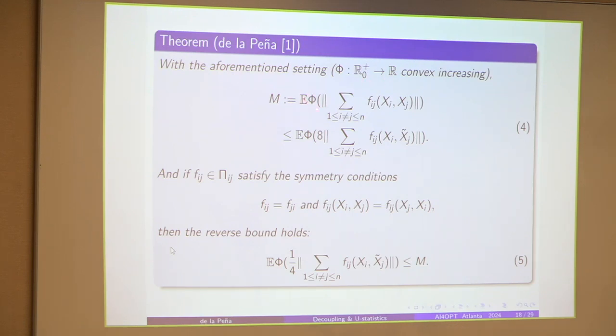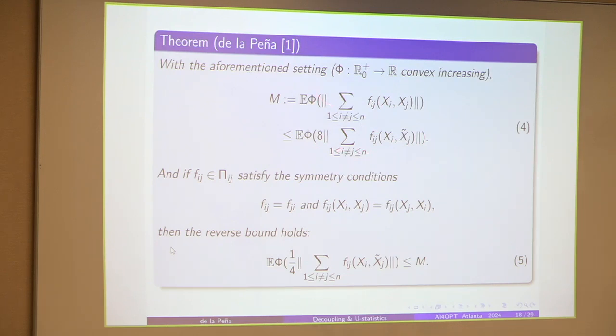So the expected value of the function of the norm of the sum of f sub ij of Xi Xj is less than or equal to 8 times the expected phi of 8 times the norm of the sum of fij of Xi Xj tilde. So this is a sum of conditionally independent variables, and then you can use the expectations for sums of independent variables to bound this expectation.